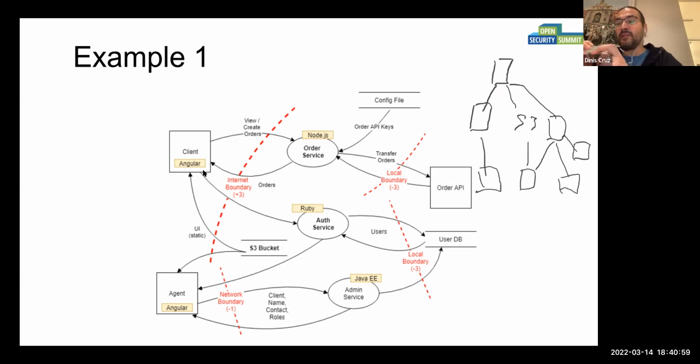What I like about the anchor is basically saying, I'm going to start looking at this from the point of view of the client, but you can do the same thing from the point of view of the auth service. You can do the same thing from the point of view of the user DB. And this is why we ultimately need to be able to do this programmatically, because you can do this if you're manually creating all of this stuff.